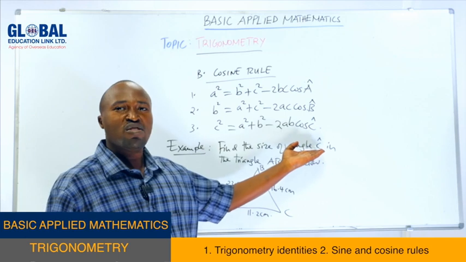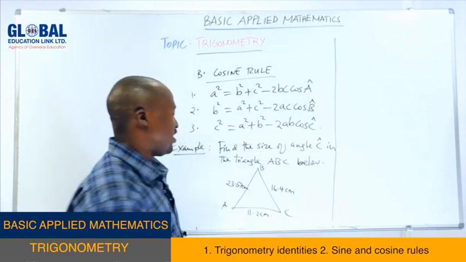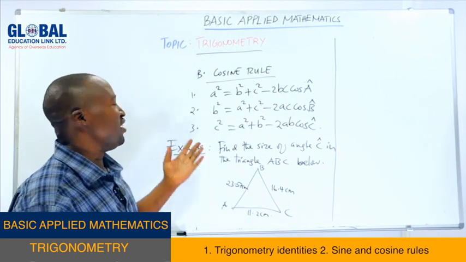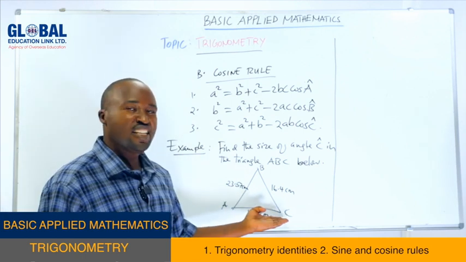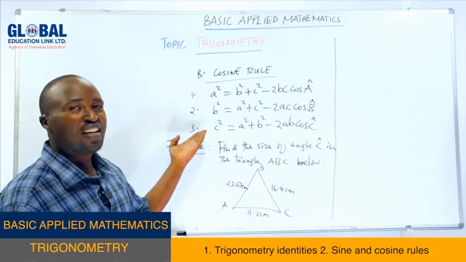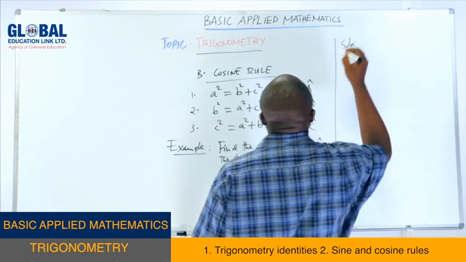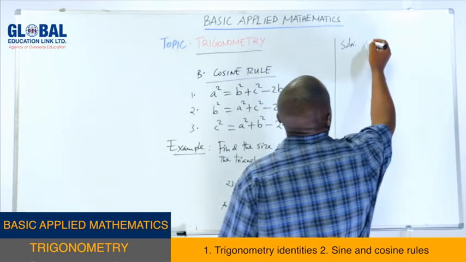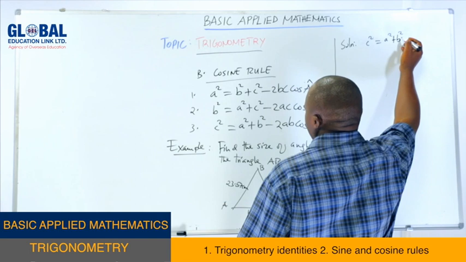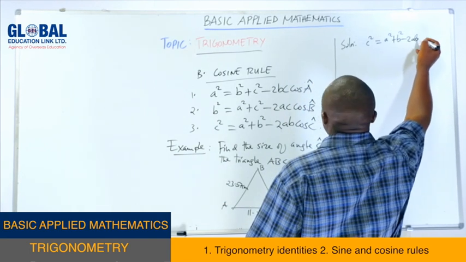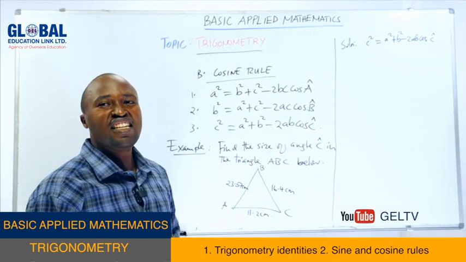We are supposed to find the angle C. Now, let us see how we can apply one of the cosine rules to find angle C. Since angle C is missing, we are going to use formula number 3. Therefore, solution: C squared is equal to A squared plus B squared minus 2AB cos C, since angle C is needed.